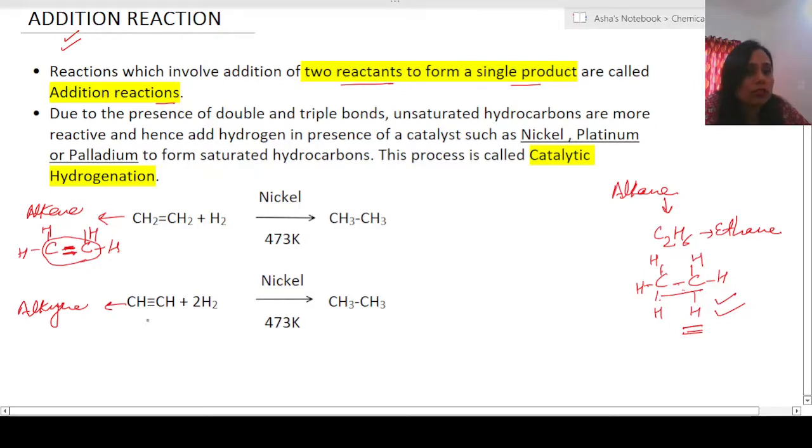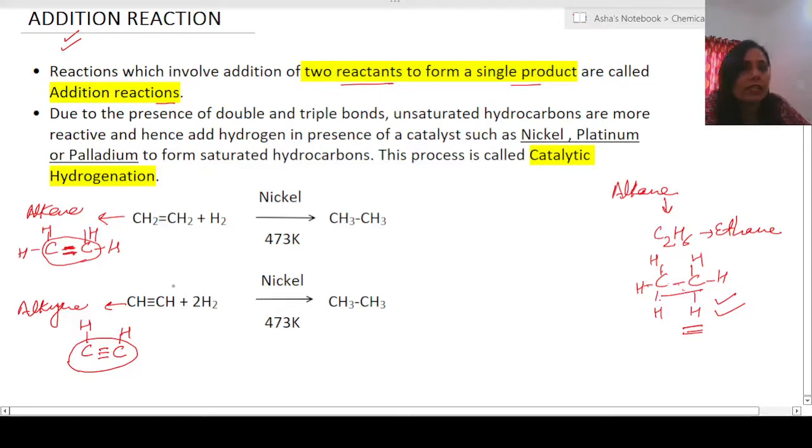Same goes for the alkynes. Between carbon and carbon there is a triple bond with a single hydrogen atom. So here the tension is much more. It is not as relaxed as a saturated hydrocarbon. It is like the carbon atoms are under stress here, and here they are not under stress.